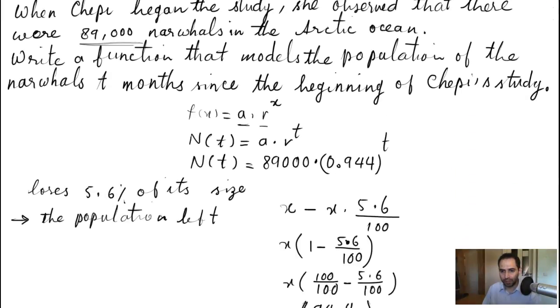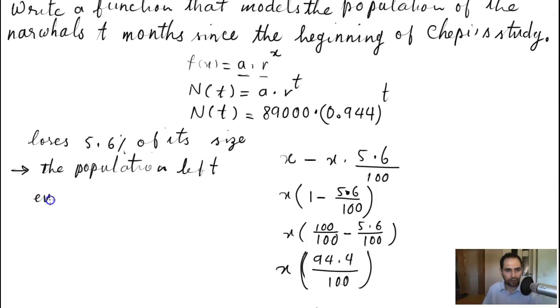If I simply write 0.944 raised to the t power, this 0.944 is being multiplied by the population every month. But as stated here, it happens every 2.8 months, not every month. So I have to divide the exponent by 2.8.